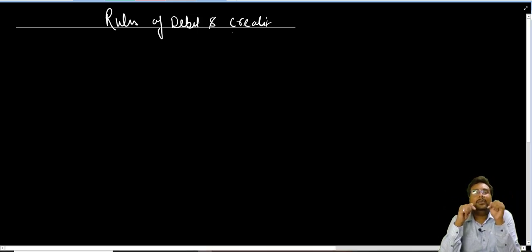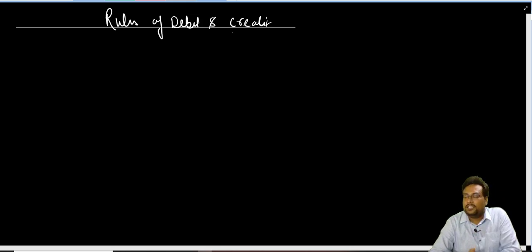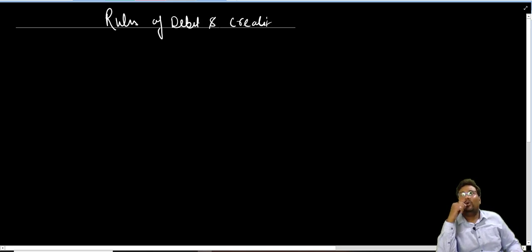How any side will be debit or how any side will be credit? What are the types of account? All that today we will discuss in this particular topic. But before that, a bonus information to you: debit and credit both are taken from which language? Latin language.